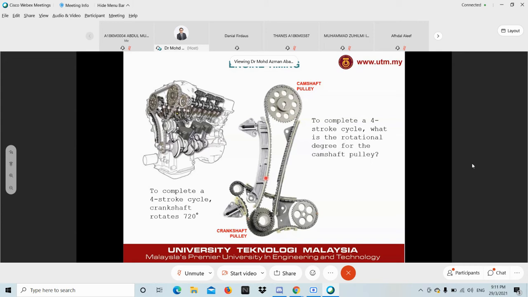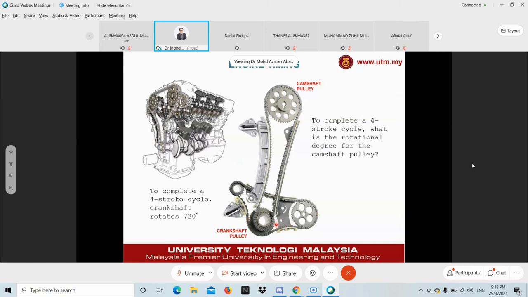For a 4-stroke cycle, to complete 4-stroke, you need 720 degrees. In other words, your crank pulley rotates 720 degrees for the 4-stroke. But for camshaft pulley, how many degrees?